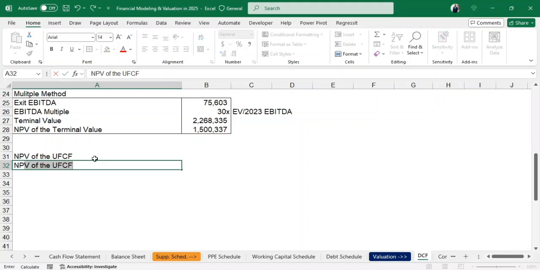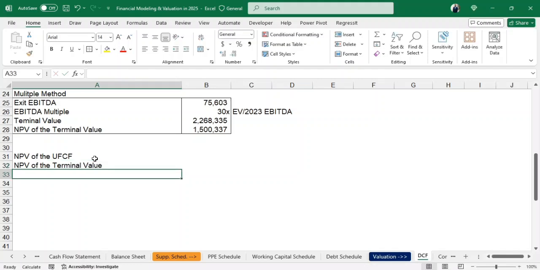We also need the NPV of the terminal value. Okay, and that is going to give us the total enterprise value, just enterprise value.